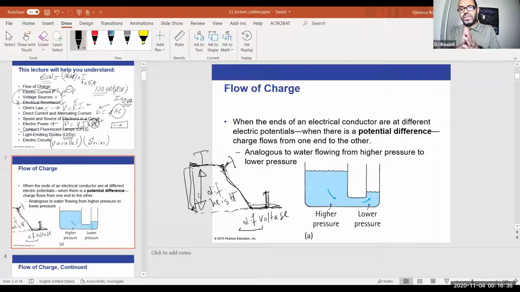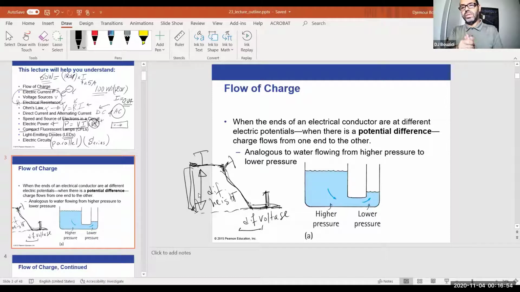The only bad thing about this example is that because the current is actually alternating, they switch places. Sometimes this one is higher, sometimes the other one is higher. Furthermore, it's actually not 120, it's 170. It's 120 on average. That's what the power company tells you: we're going to deliver to you on average 120.